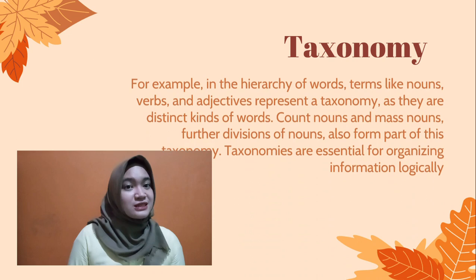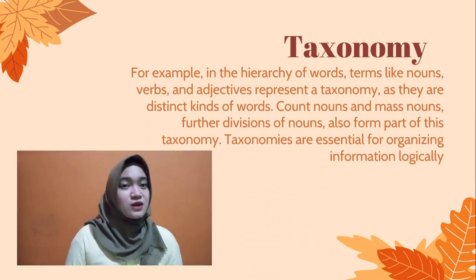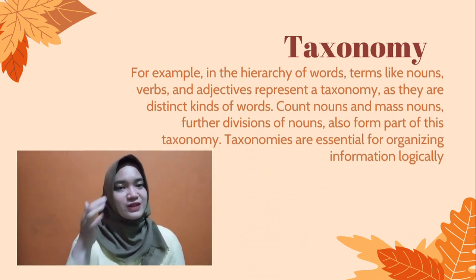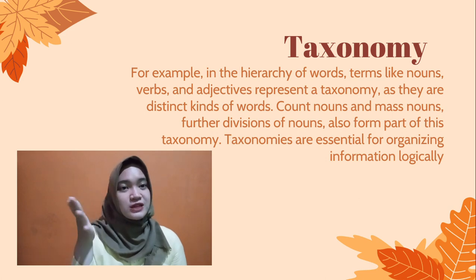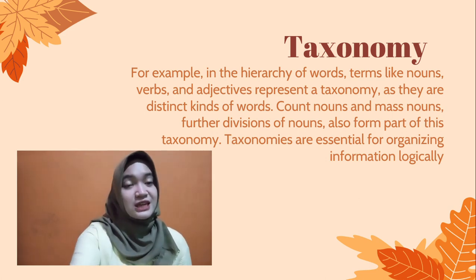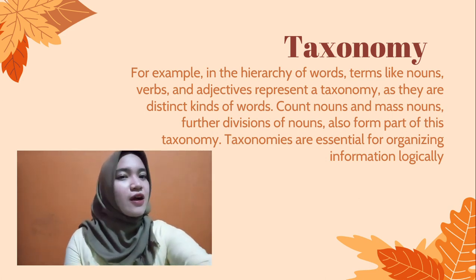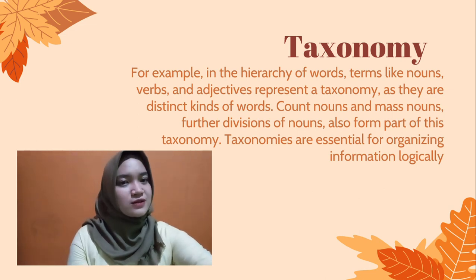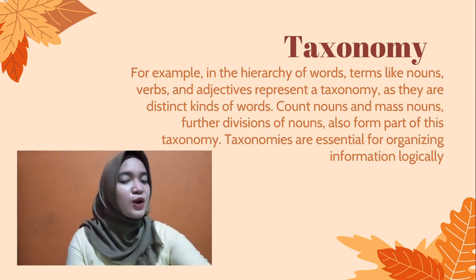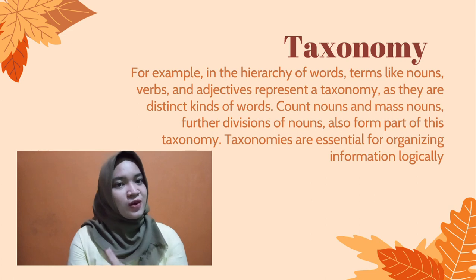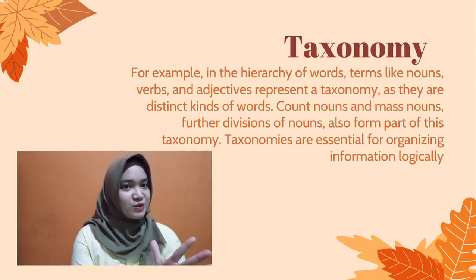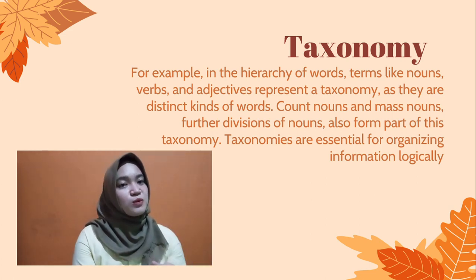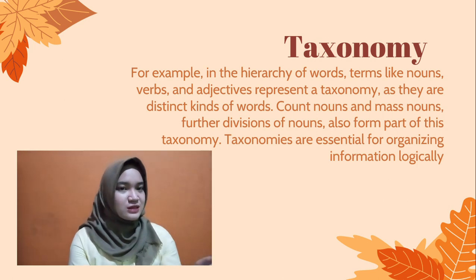Count nouns and mass nouns, further divisions of nouns, also form part of this taxonomy. Taxonomies are essential for organizing information logically and are commonly found in various fields like biology, where animal classification follows a structured taxonomy from general terms to more specific subcategories.